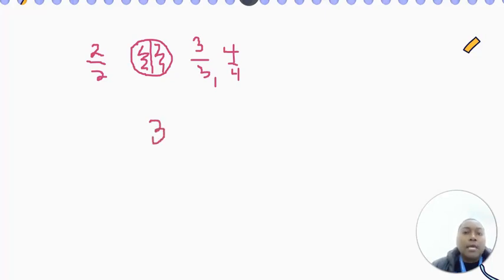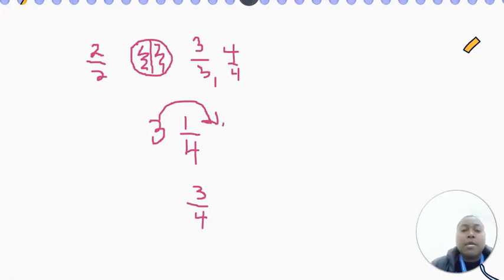So let's just say I have 3 and 1/4, and I need to subtract 3/4. Well, the problem is, if I only have 1, I can't subtract 3. So I'm going to need to convert that 3 and unbundle it. I'm going to need to break one of those pieces into a fraction.